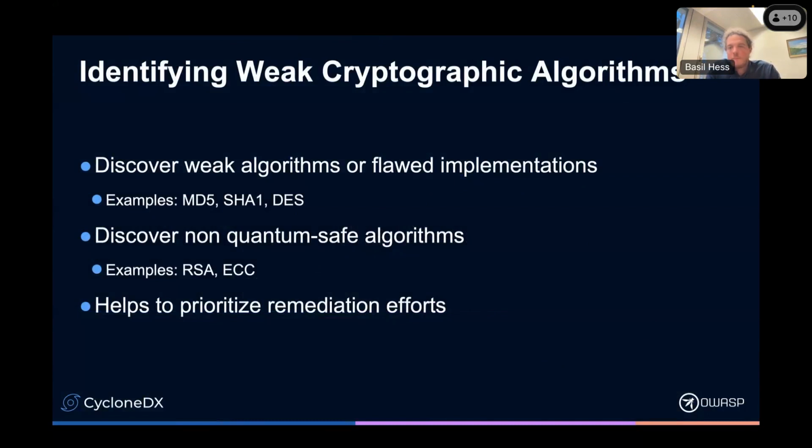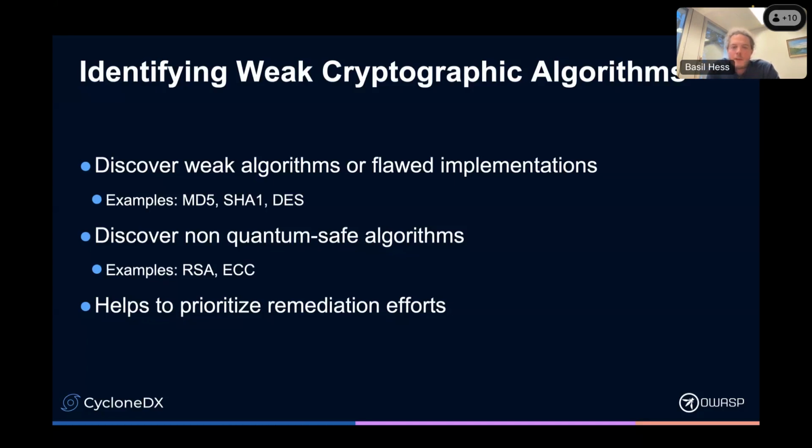Another situation is now with so-called quantum-safe algorithms. It's likely that within the not too far future, there will be a quantum computer available that is able to break mostly asymmetric crypto algorithms such as RSA and elliptic curve cryptography.